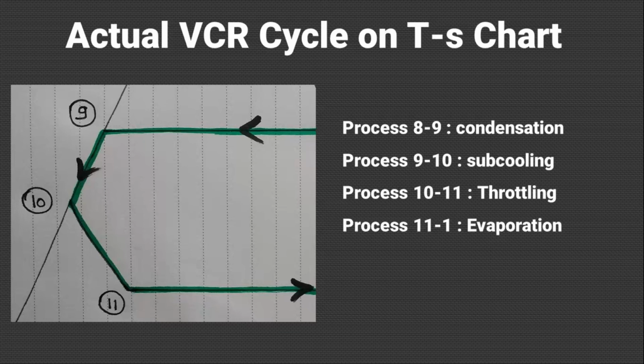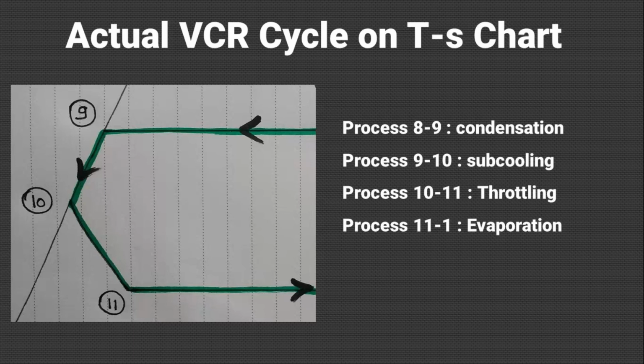Process 10 to 11 is throttling. The liquid refrigerant is then throttled through the expansion valve. Ideally, it should be isentropic expansion, but in actual, it is an isenthalpic process, and some refrigerant evaporates while throttling. And finally, process 11 to 1 is evaporation.